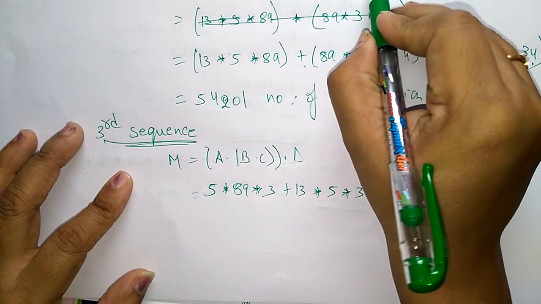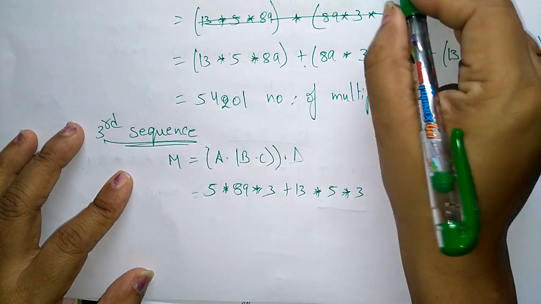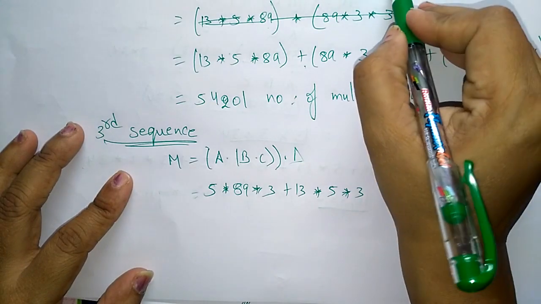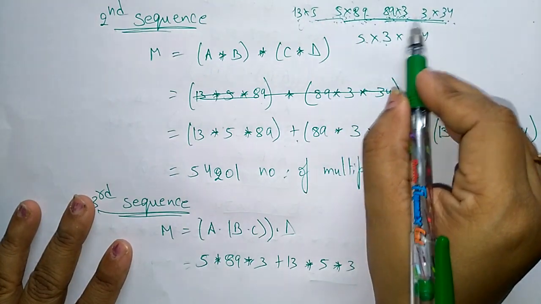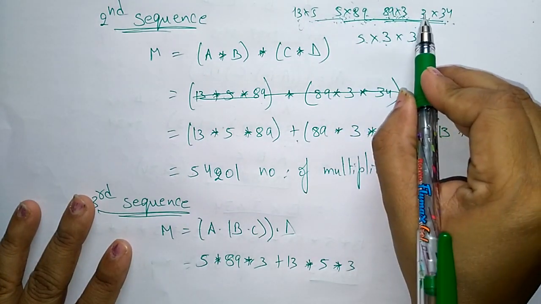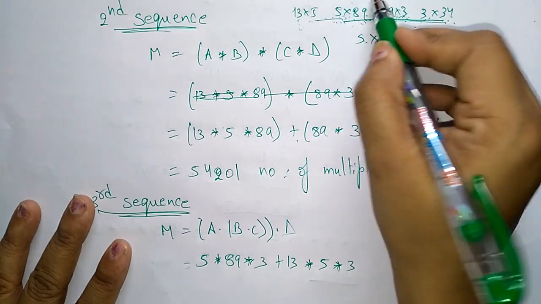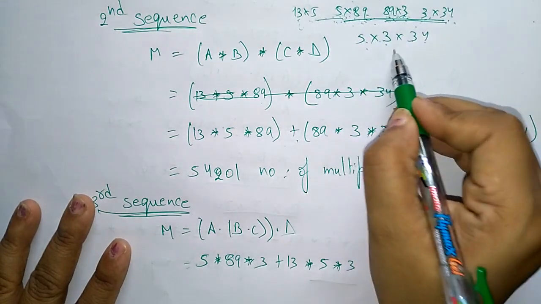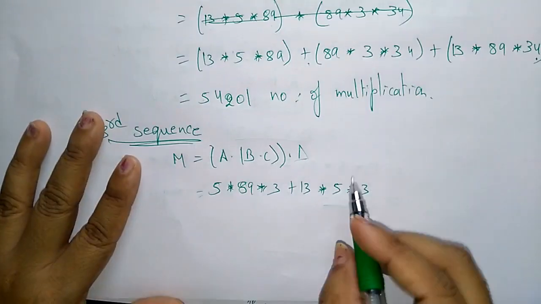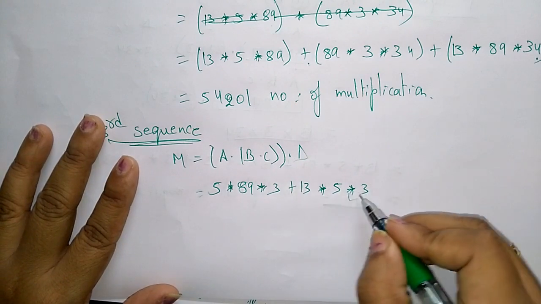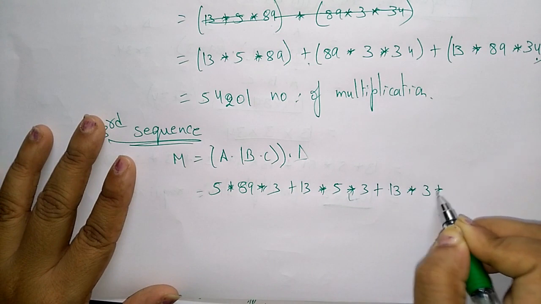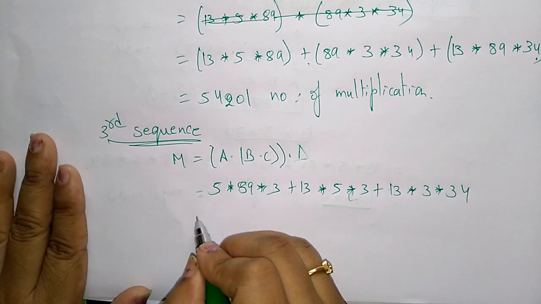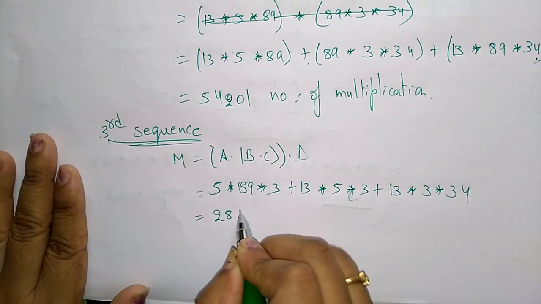From these two we take 5 by 3, and from this only 34, because the 3 is already there, so just skip this 3 and write 34. So the multiplication of B dot C dot D is 5 into 3 into 34. So here 13 into 5 into 3 plus 13 into 3 into 34. So the total is equal to 2856.